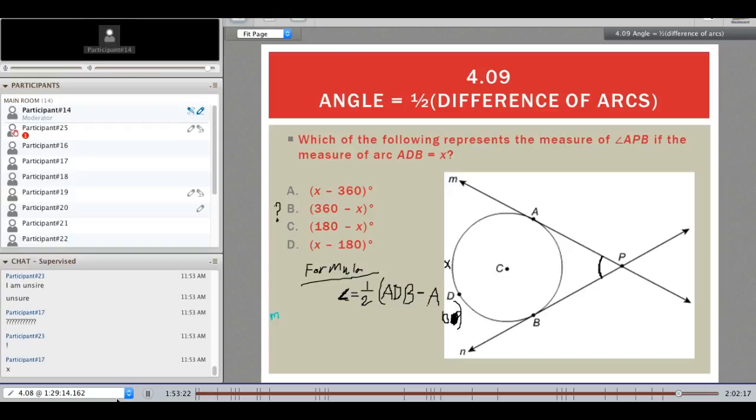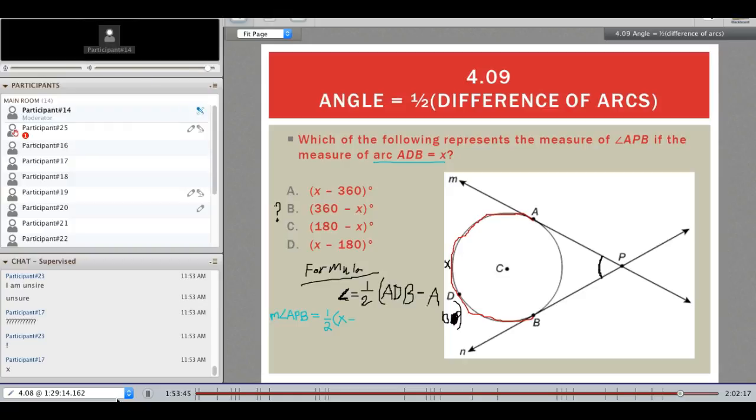So I would say the measure of angle APB. I'm just taking Derek's formula and I'm going to rewrite it, and plug in what I know. I know that ADB is equal to x. I don't have a number for it. It tells me in the problem up here that arc ADB is x. Then I'm going to subtract AB.